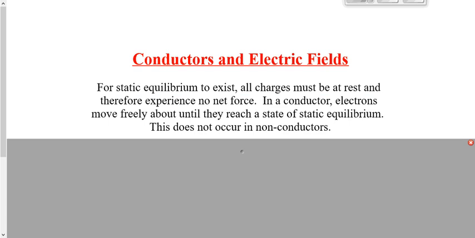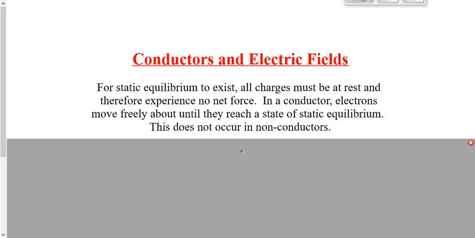All right? So what happens when charge builds up on or in a conductor? Where does it go, and what does the distribution look like? Well, there's a term that we have to understand first, and that's called static equilibrium. Static equilibrium exists when something is at rest because there's balanced forces acting on it.